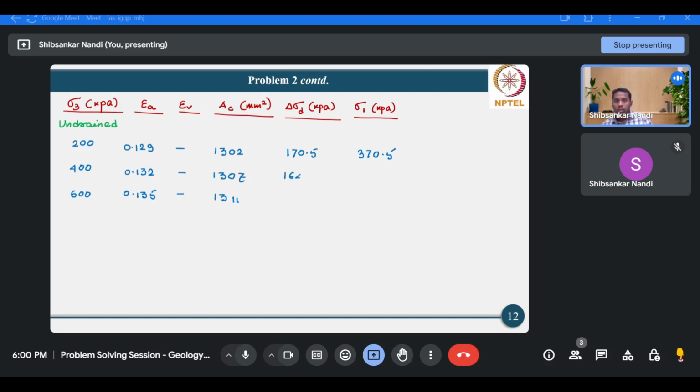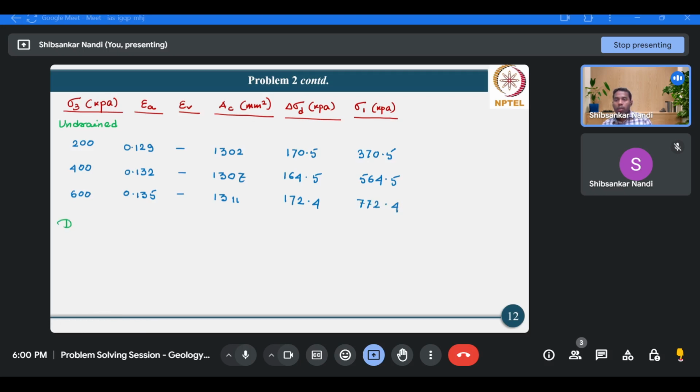The deviator stress is 164.5 and 172.4. Therefore, the major principal stress becomes 564.5 and 772. So this is for the undrained case.